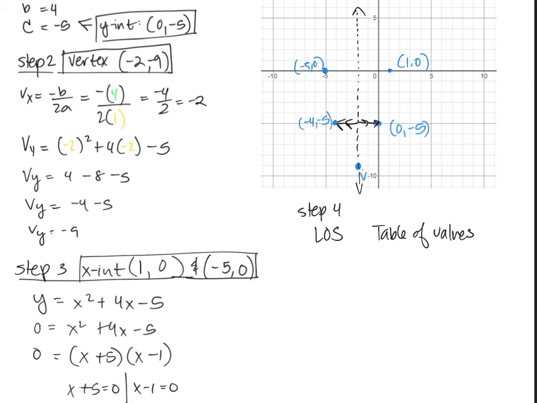Alright, I have all 5 points, so I'm going to go ahead and draw in my parabola. Please note that there is a curve down here at the bottom. It's not a sharp point, it's a curve. Alrighty, so those are the 5 steps, because the graph is the 5th step. 5 steps for graphing a parabola.